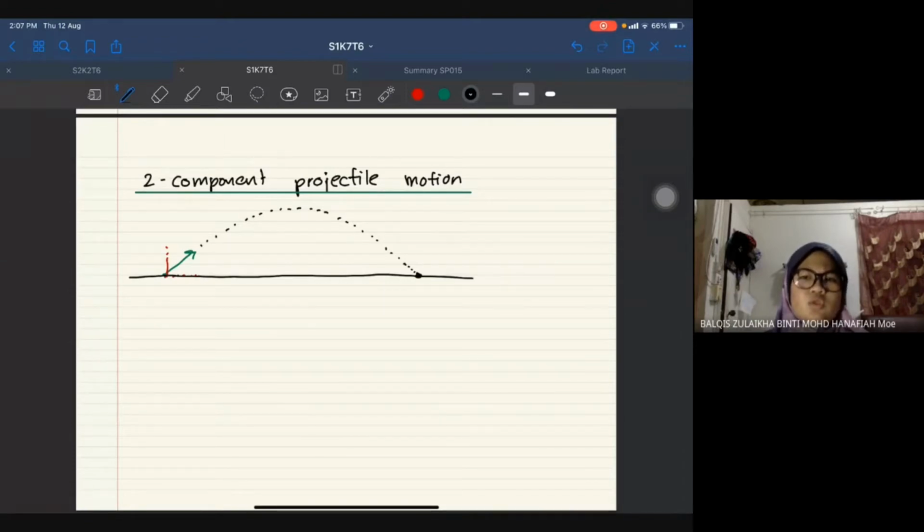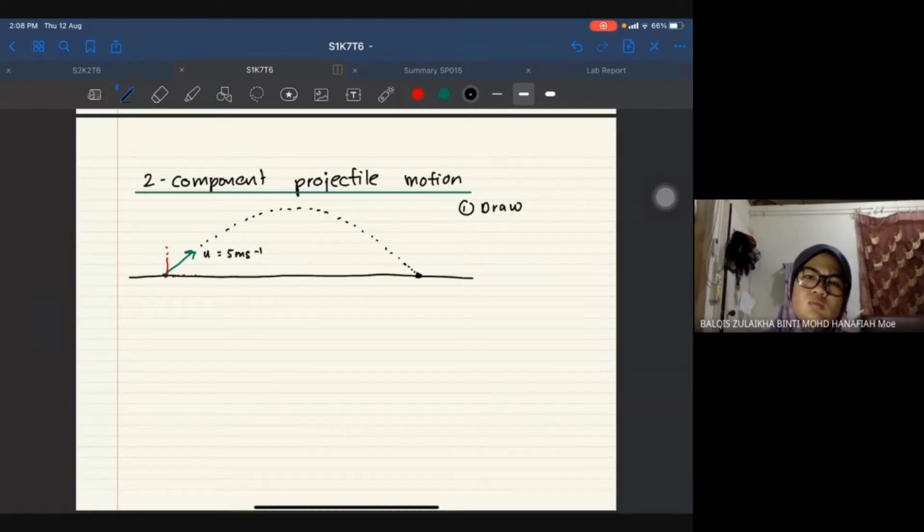Okay, so the initial velocity, normally we call this one u. So let's say the u is given. If you want to solve this type of question, the first thing you need to do is draw. That is the first thing.